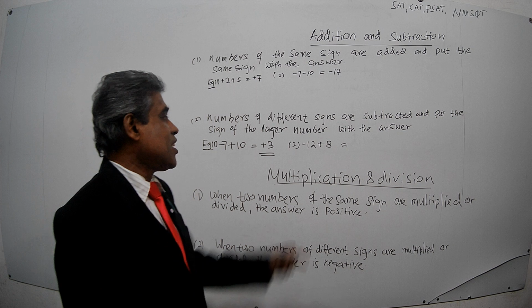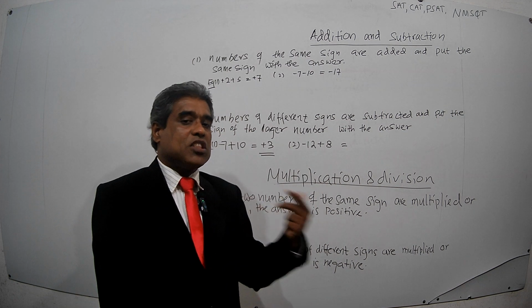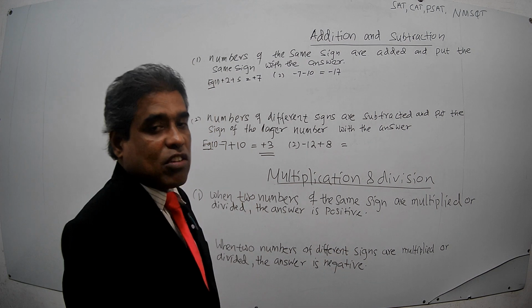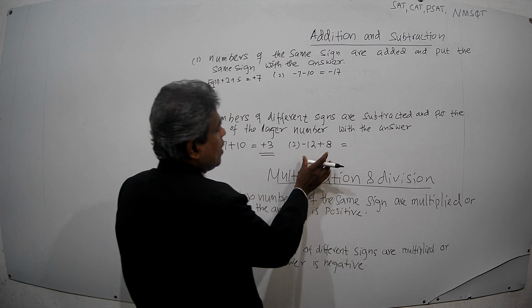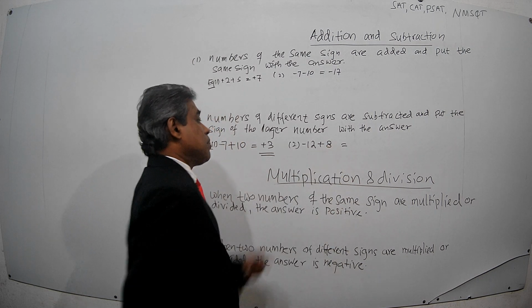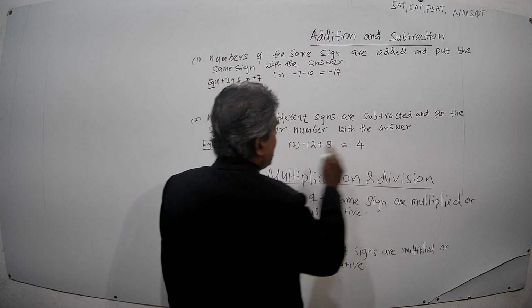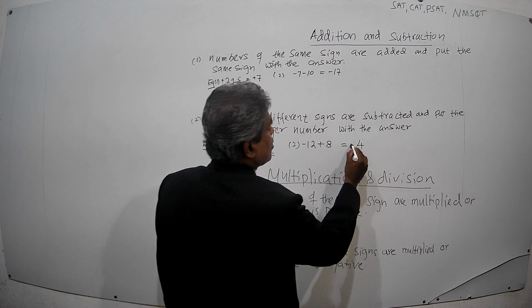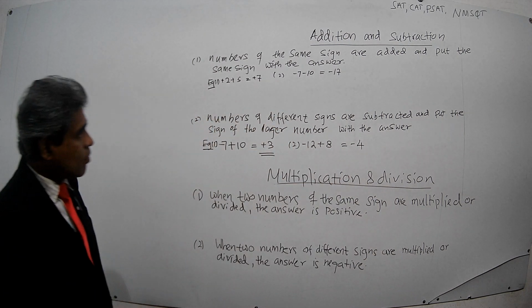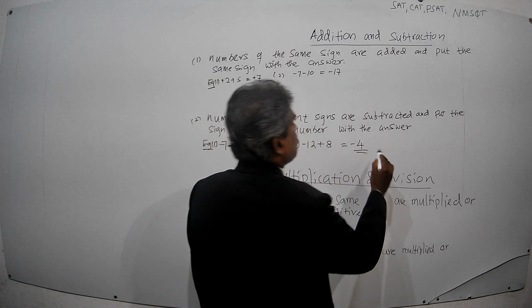According to the rule, when there are two numbers of different signs, the numbers are subtracted and you put the sign of the larger number in the answer. Here the larger number is 12. You subtract the two numbers, and you get 4, and the sign of the larger one is negative. Put the answer as negative. So that is how the two rules of addition and subtraction operate.